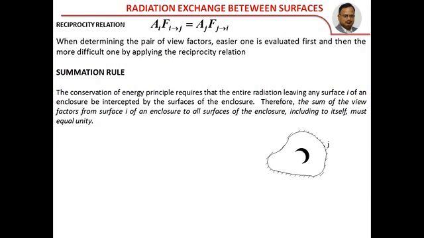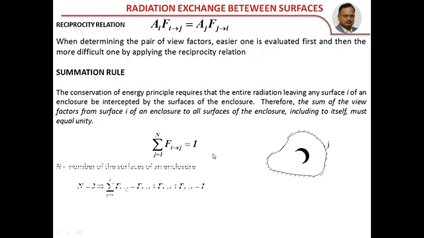Therefore the total sum of the shape factors from surface i of an enclosure to all the surfaces of this enclosure including itself must be equal to unity. So sigma Fi to j, where j varies from 1 to n, is equal to 1, where n is the number of surfaces of an enclosure.